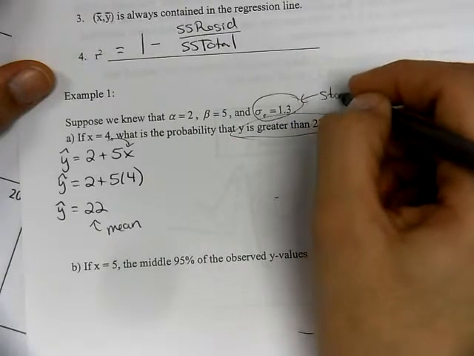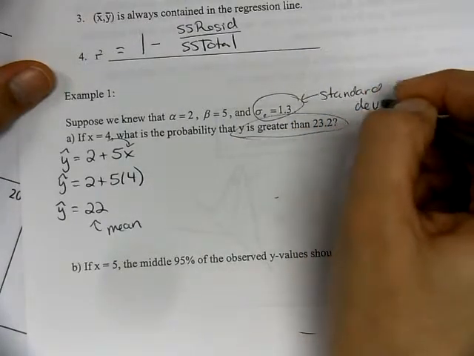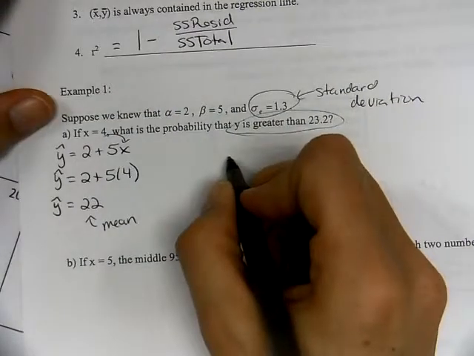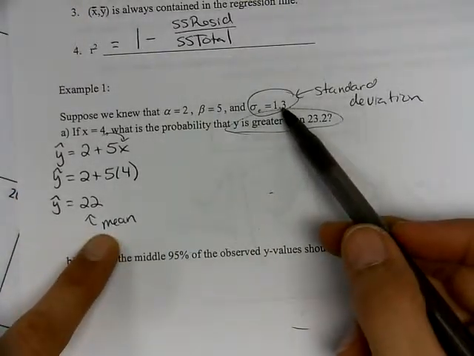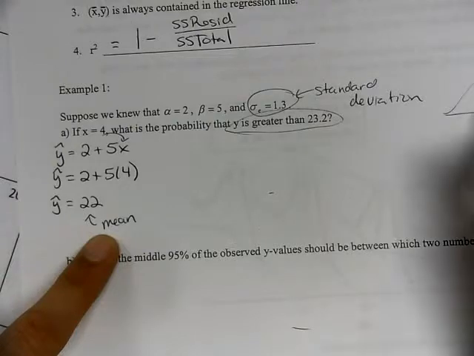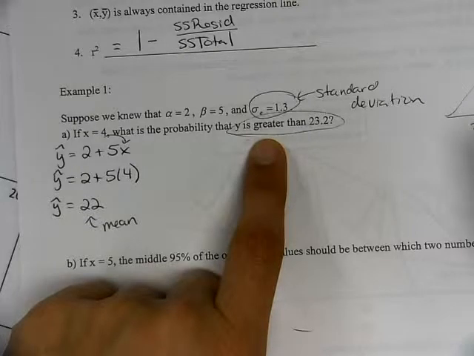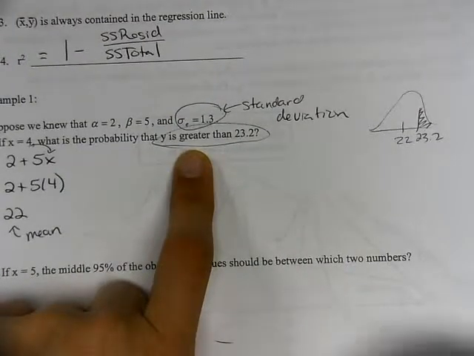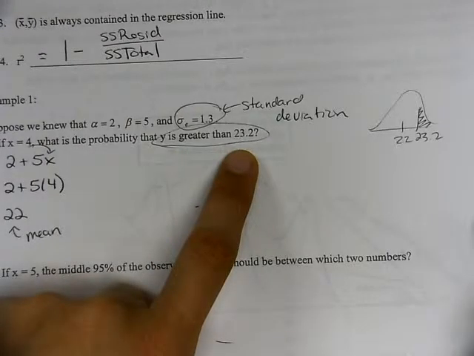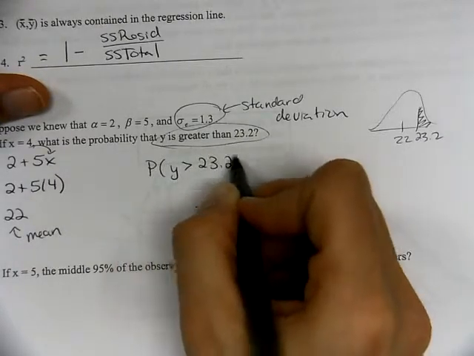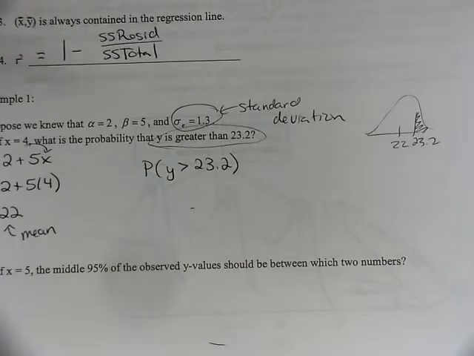This is our standard deviation. So we're going back to chapter 7. If I'm at this little mini distribution where the mean is 22 and the standard deviation is 1.3, what's the probability I get a y greater than 23.2? I have to find a z-score.